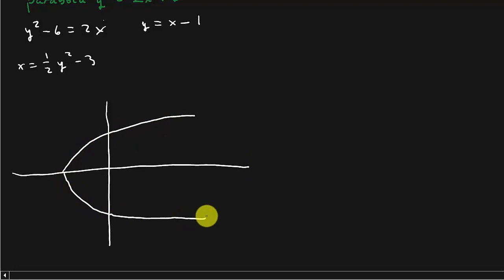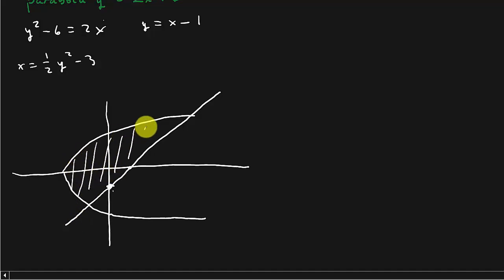There's the parabola. And then for x minus 1, that's that graph. And so we're looking for this area right here.